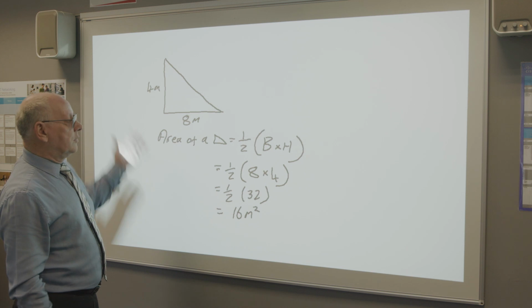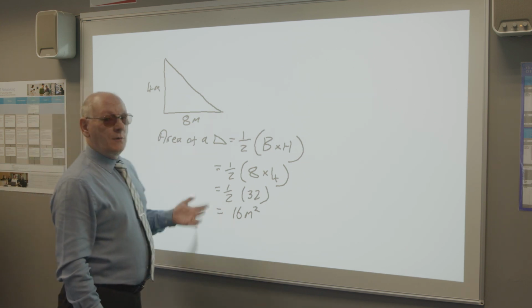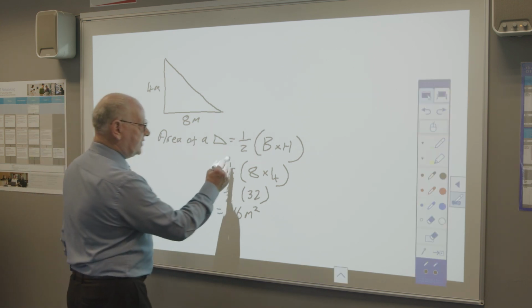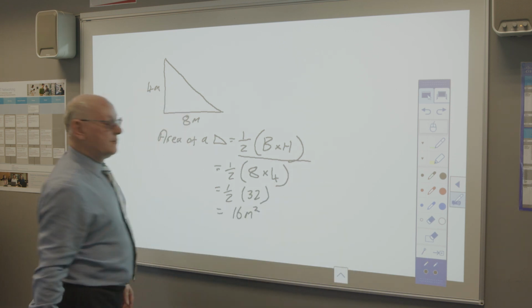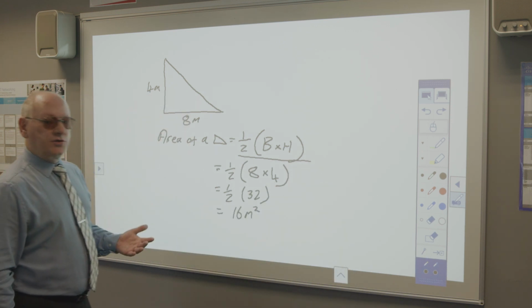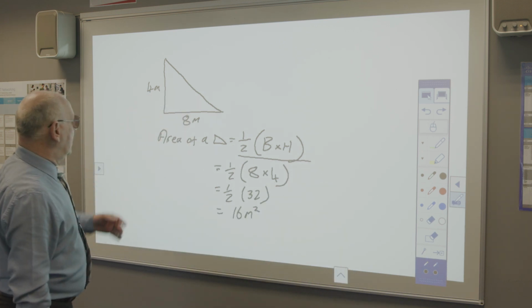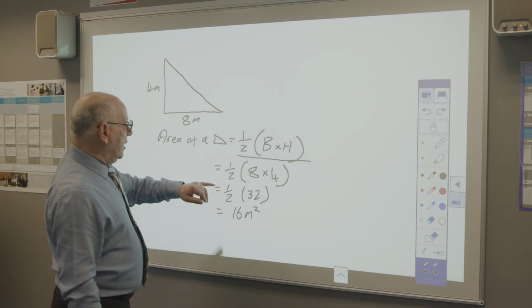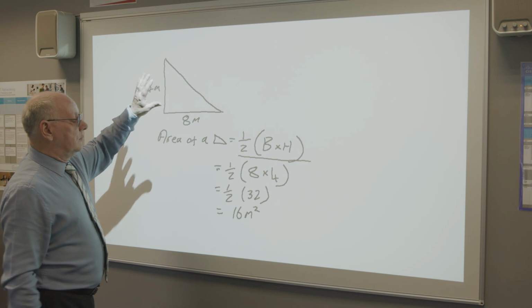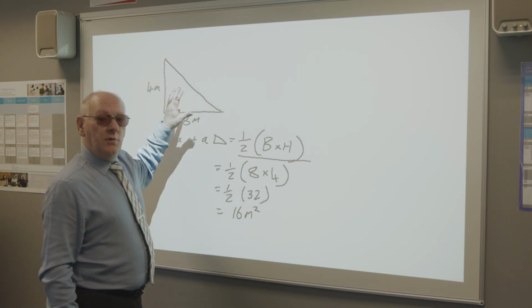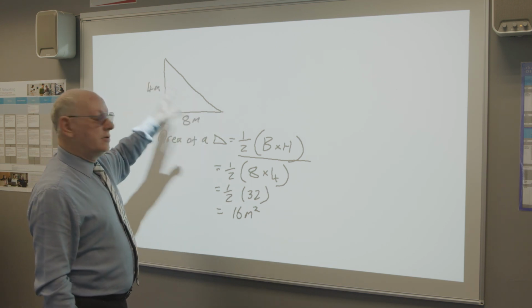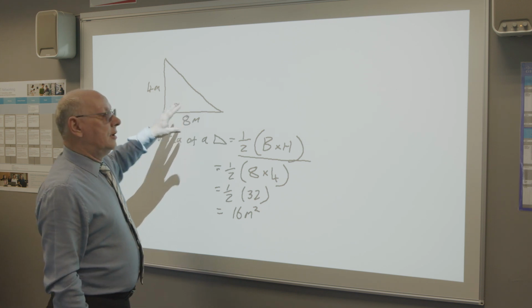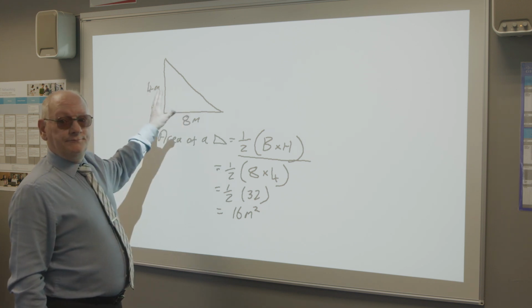Doesn't matter, it's going to work out correct whichever way around you do it. But that's the correct mathematical formula which they like to see in your working out. Again, we don't do a volume of a triangle, we just do area, okay?